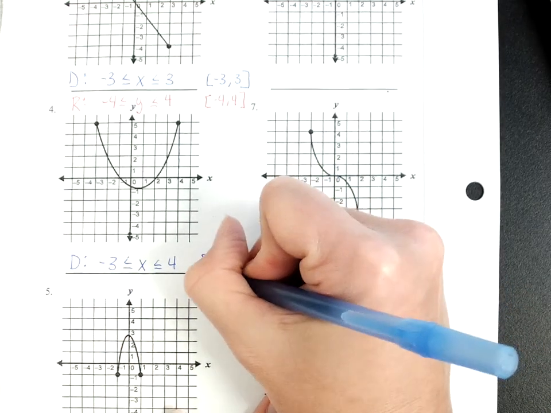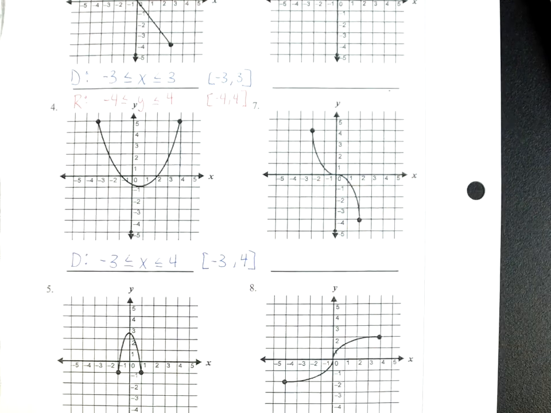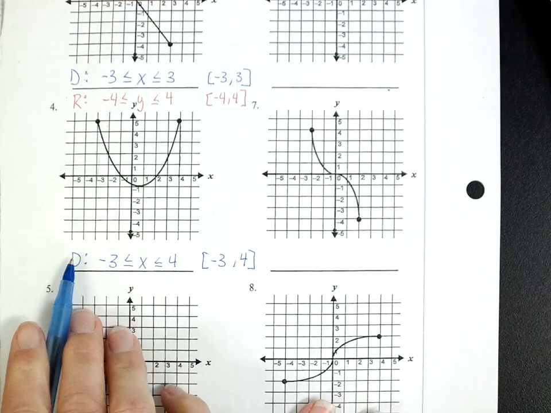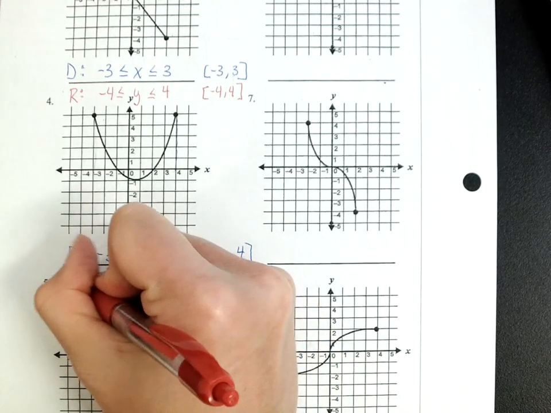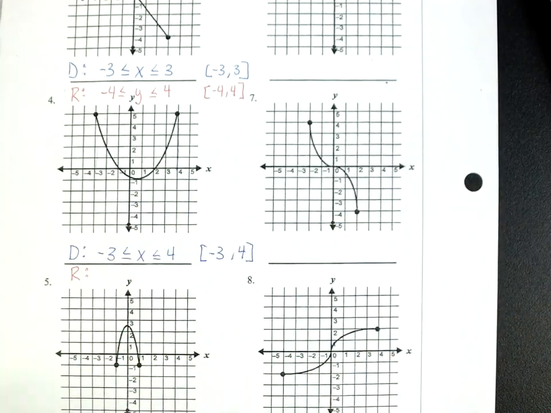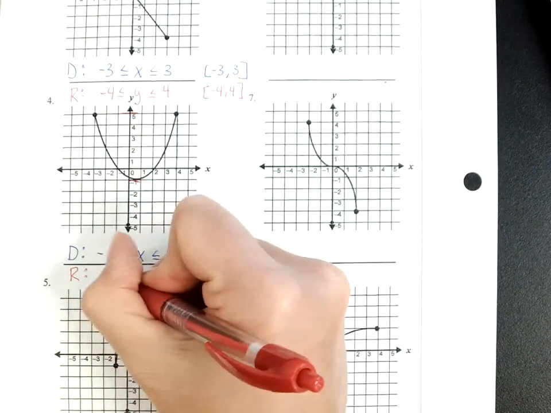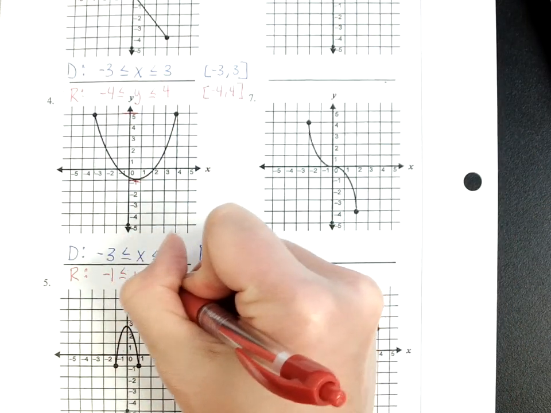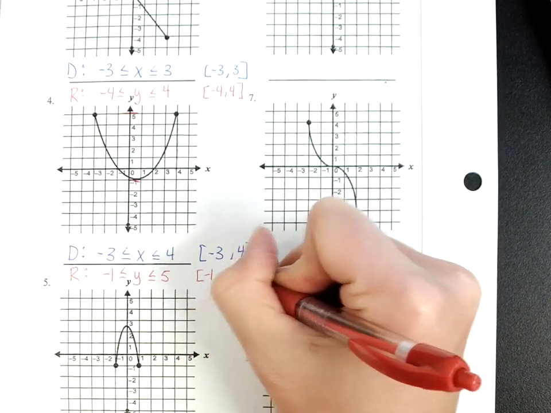But in interval notation, I cannot tell whether you're identifying that as the domain and range unless you label it with something like a D or an R. So be sure you do that on your assignments. Range, again, we're thinking bottom to top, lowest to highest. In interval, it would look like this.